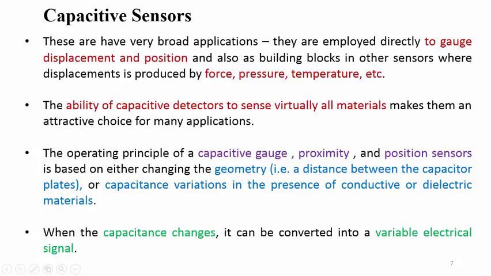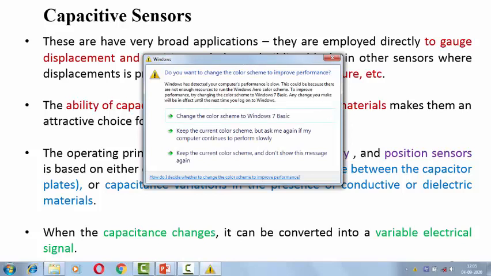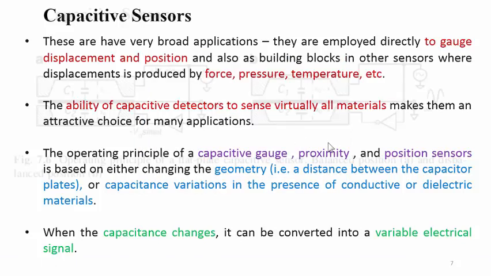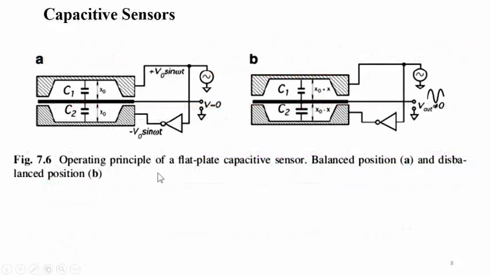So there are capacitance variations in the presence of conductive or dielectric material. If movement occurs in the dielectric or conductive material between the two plates, we get a change in the capacitance. When the capacitance changes, it can be converted into a variable electrical signal.